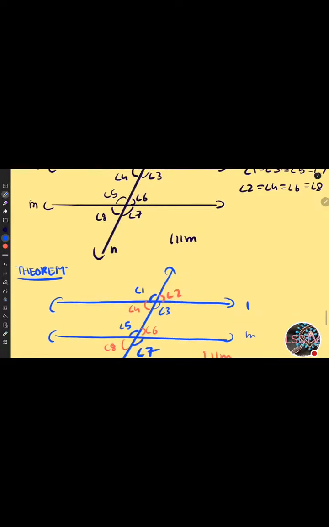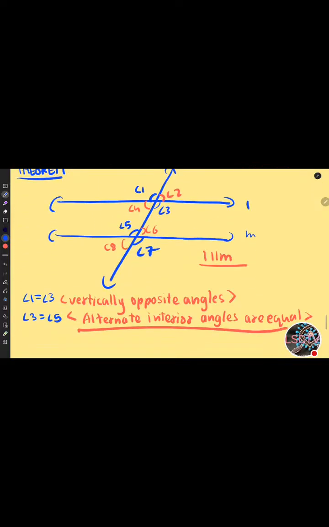See, one thing in a transversal is that these two angles are supplementary. These two are also supplementary. These two are supplementary. These two are supplementary. Angles that are adjacent to each other, they are called supplementary.